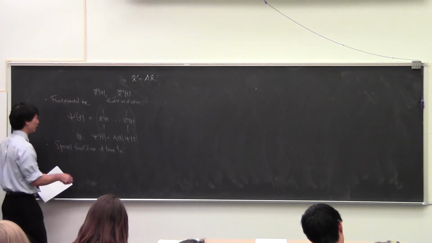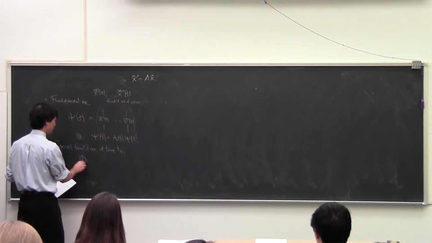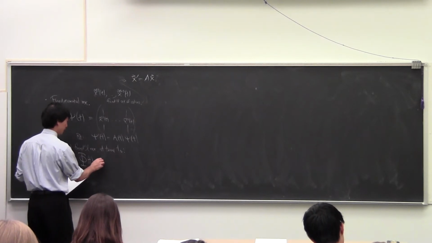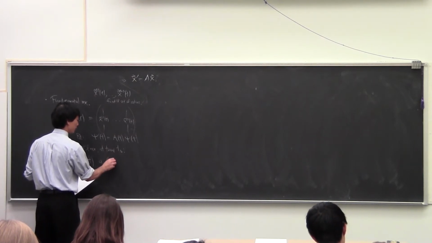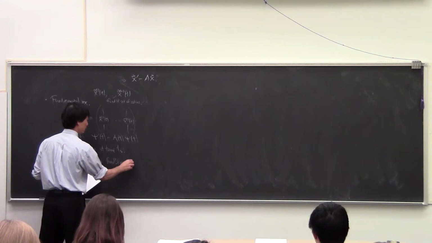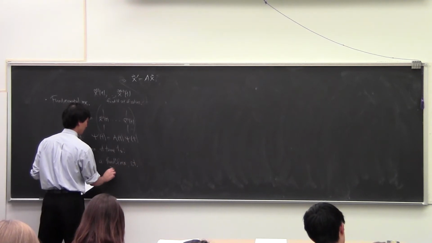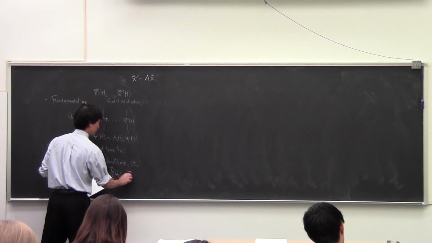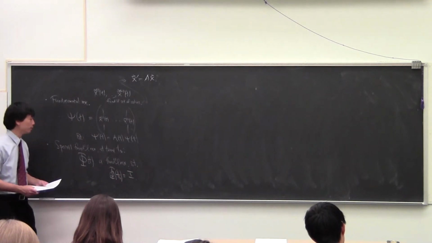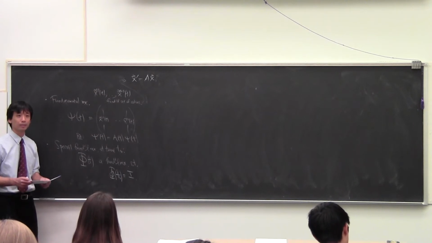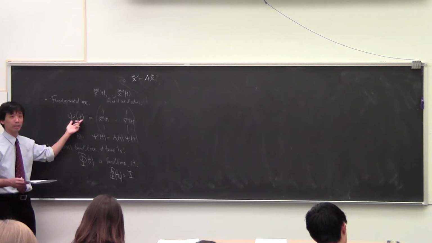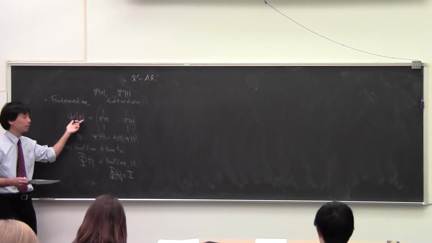We call it phi, and phi at time t0 was the identity matrix. And that was the special fundamental matrix at time t0.